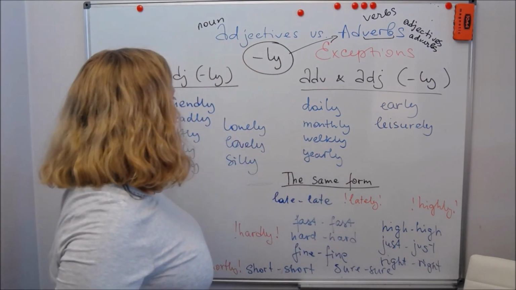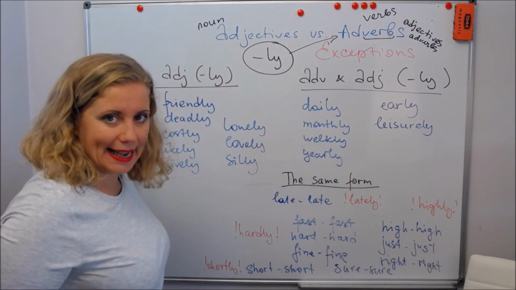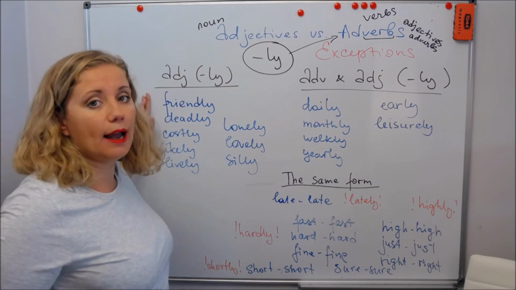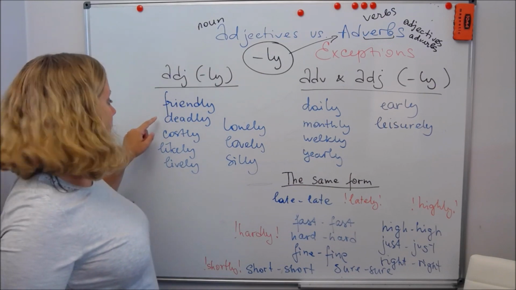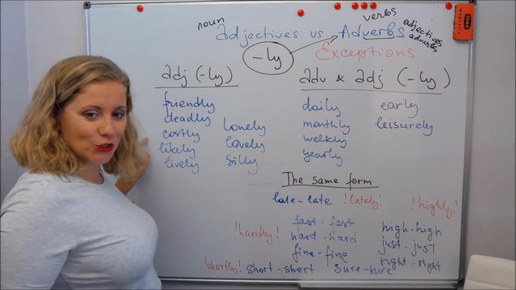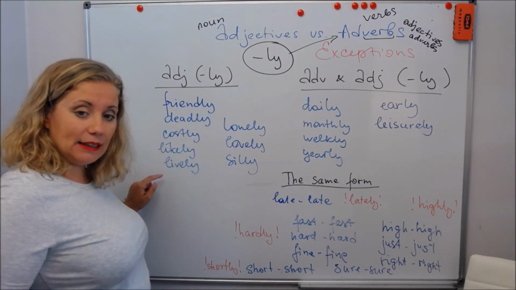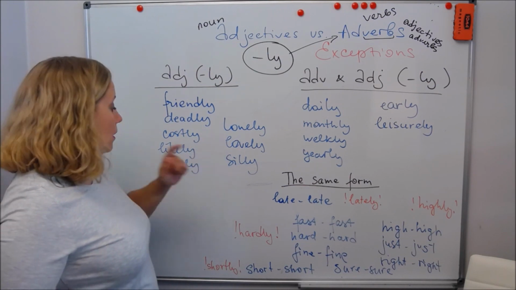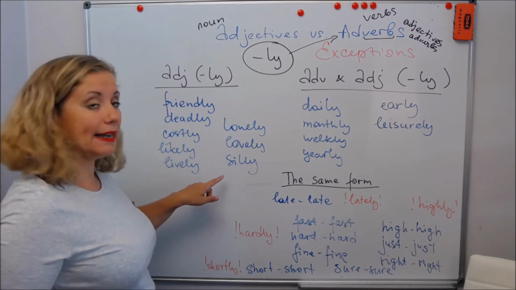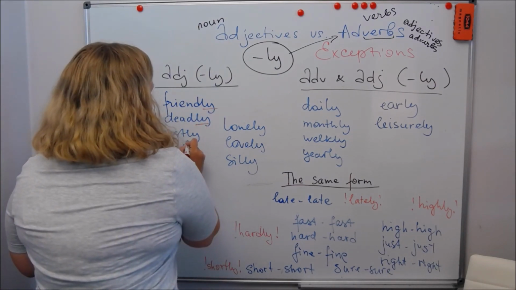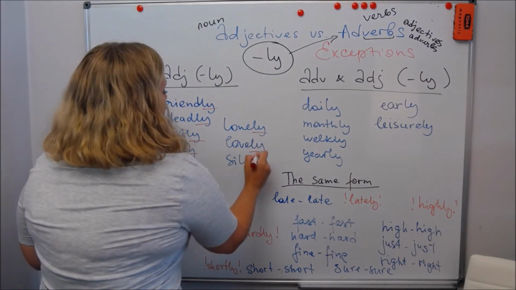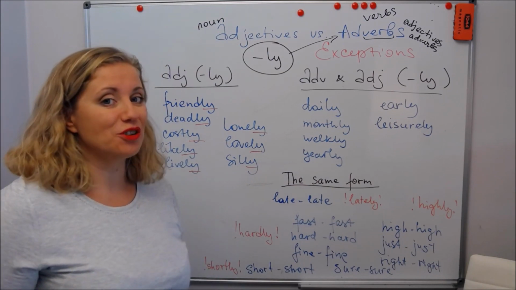First of all, not all the words ending with -ly are adverbs. For example, words like friendly, deadly, costly, likely, lively, lonely, lovely, and silly, they all have this -ly here, but they are not adverbs.